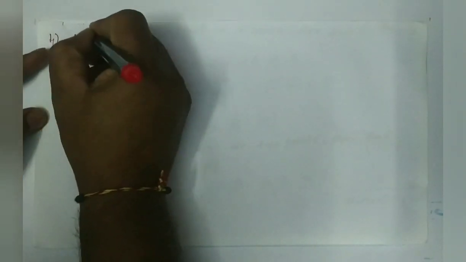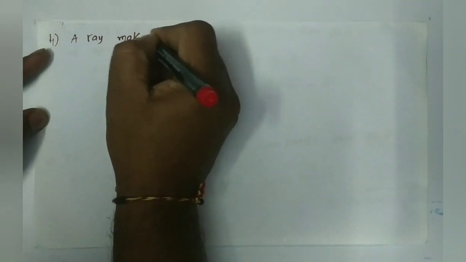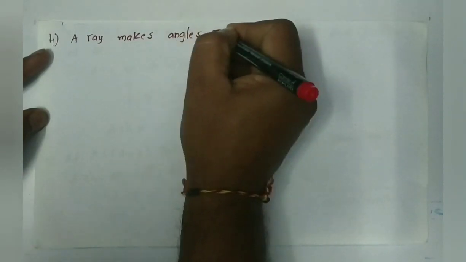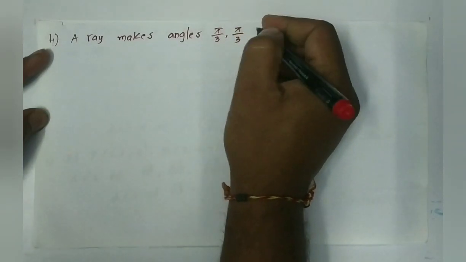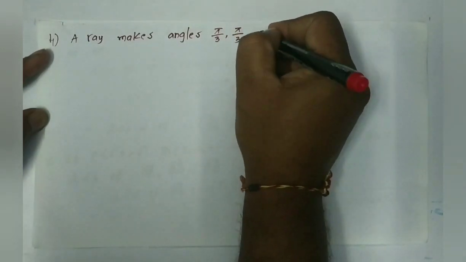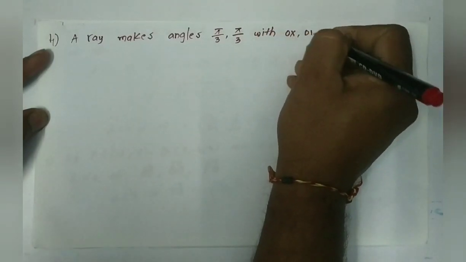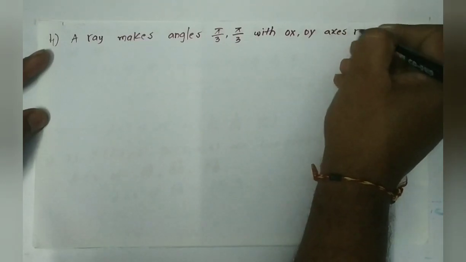Next, let us see the fourth problem. A ray makes angles pi by 3 with OX and OY axis respectively.